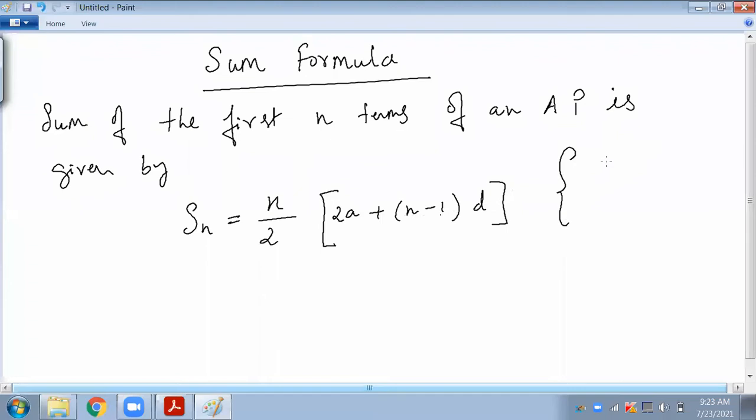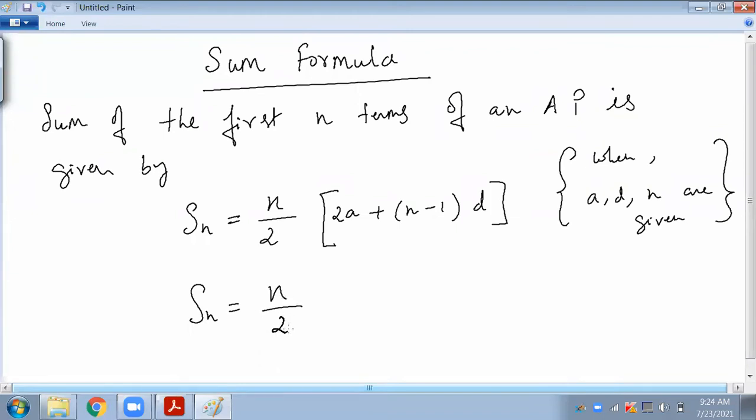Now this formula of sum we use when a, d, and n are given. Again, we can use the sum formula as n by 2 into a plus l.